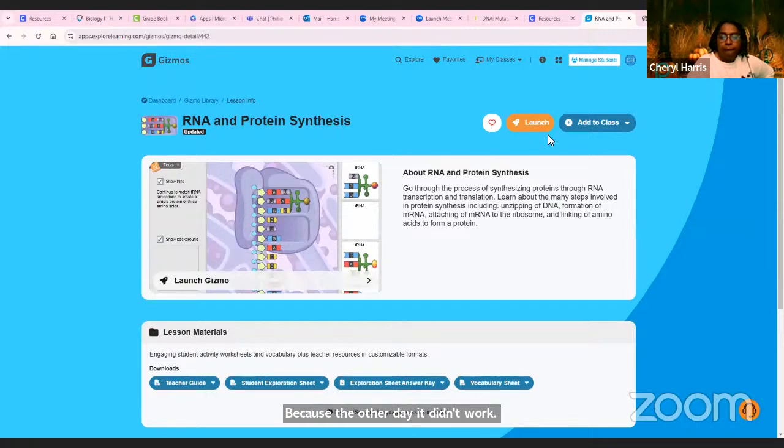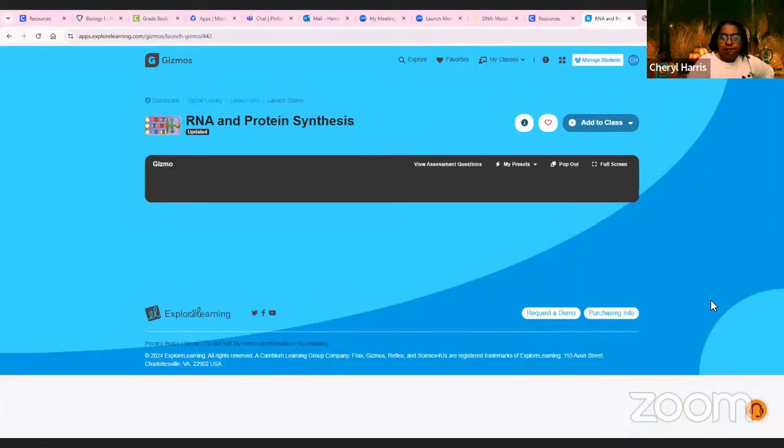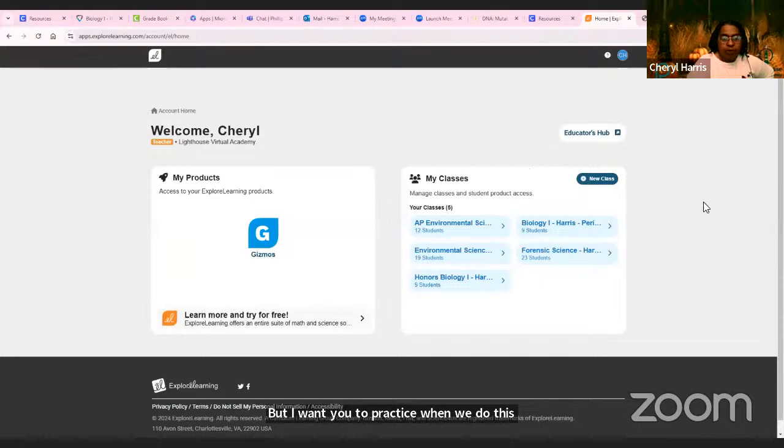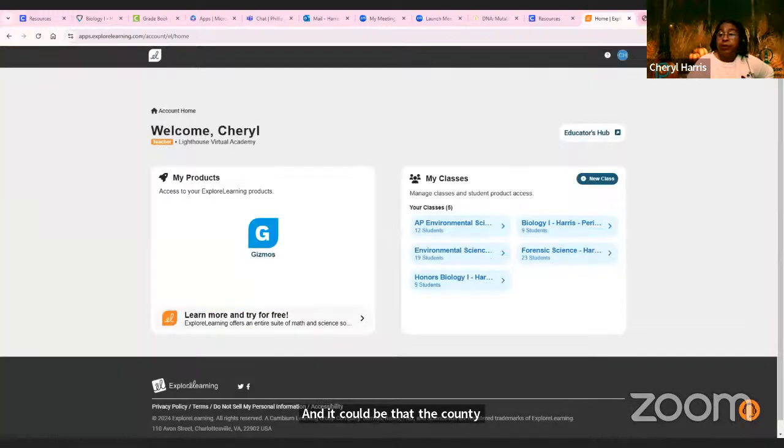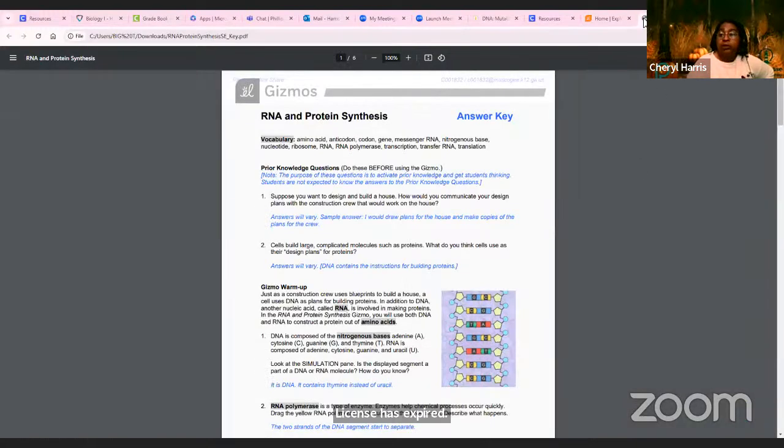But I want you to practice. When we do this, I'm going to check with them as to why it didn't work for you. It could be that the county license has expired, because you have to have a license to do this.